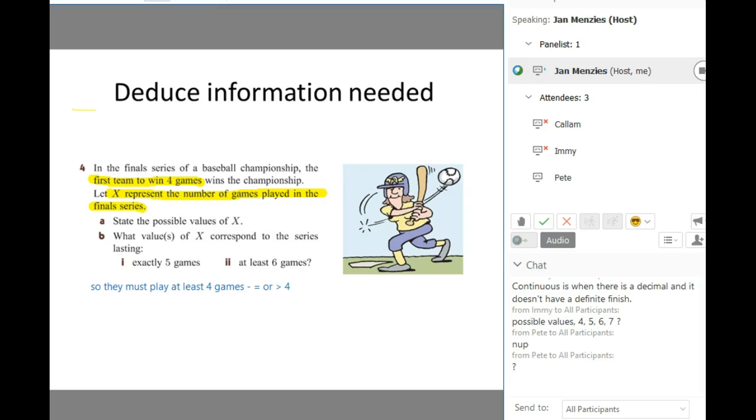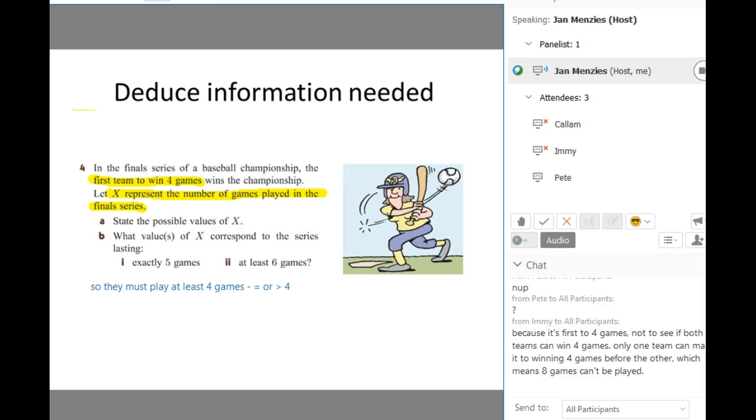Remember, as soon as you've won 4 games, the series ends. So, Emmy's explanation is superb. All right, do you feel confident now that it has to be 7 because you can't have 2 teams winning? You can't have 2 teams with 4 games.